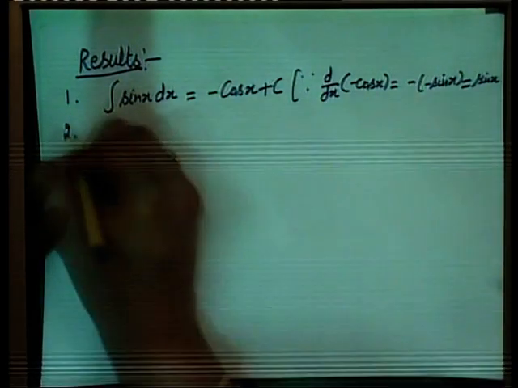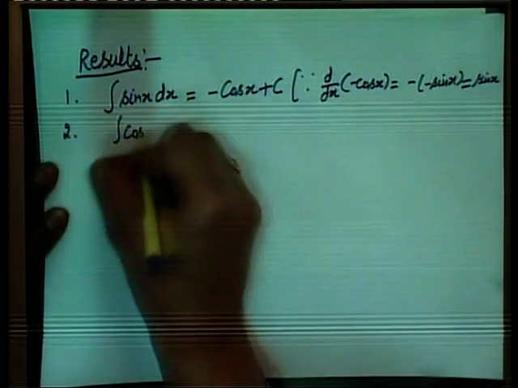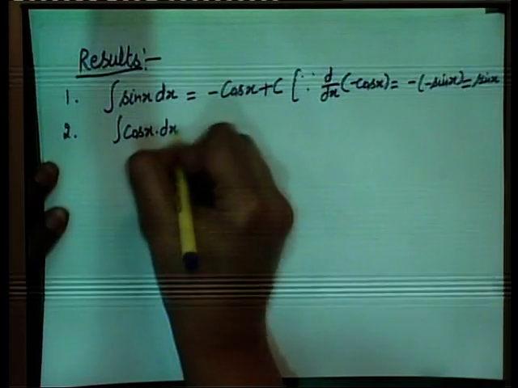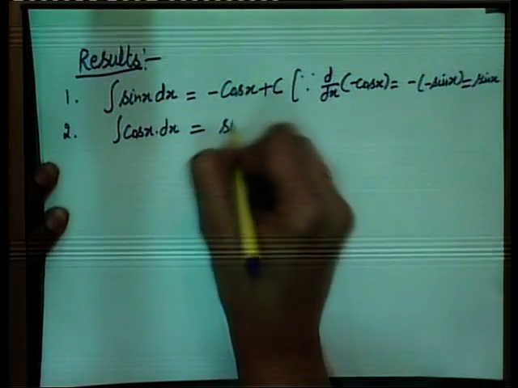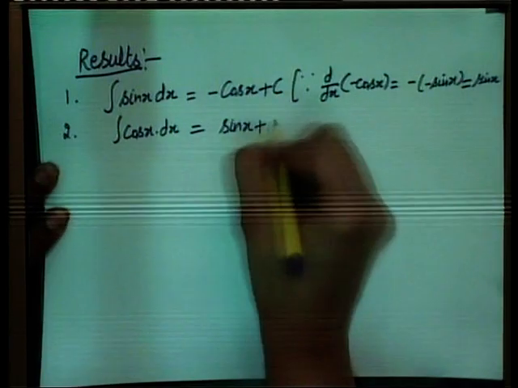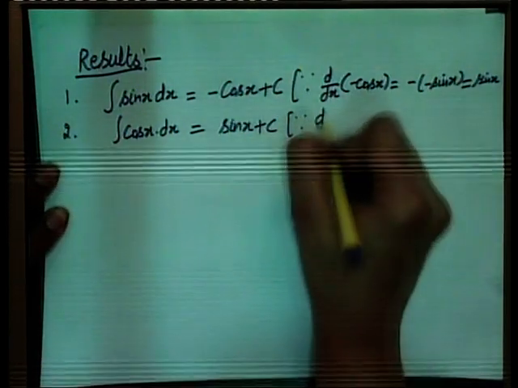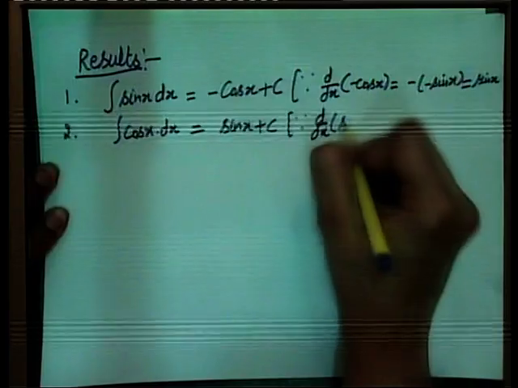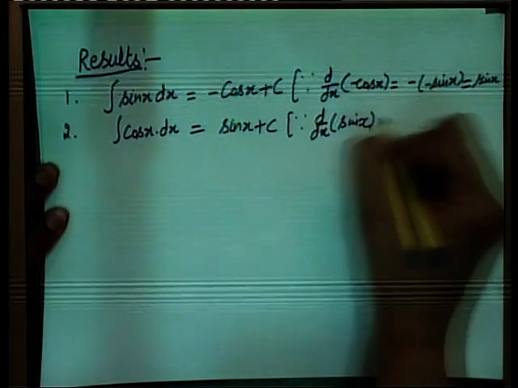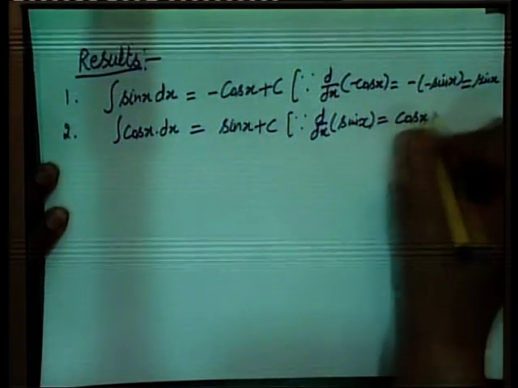Second result, integral of cos x dx. This is equal to sin x plus c, because we know derivative of sin x is cos x.